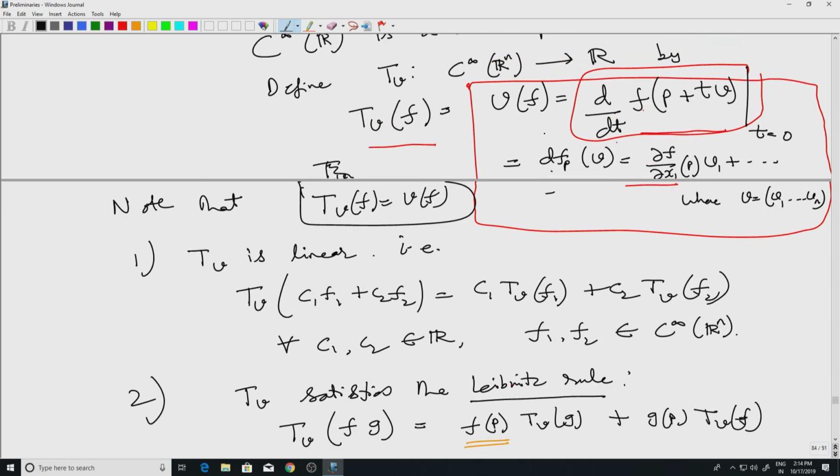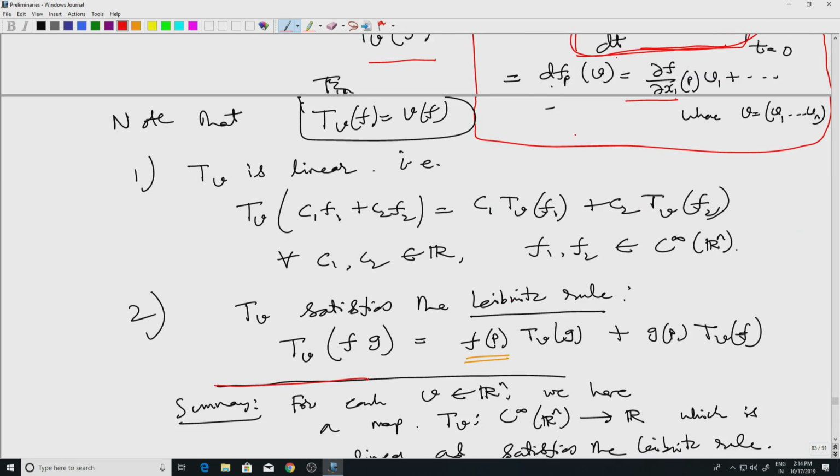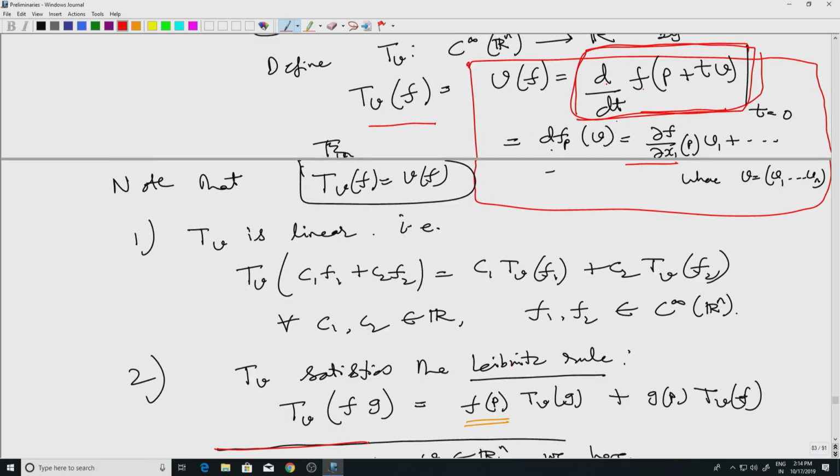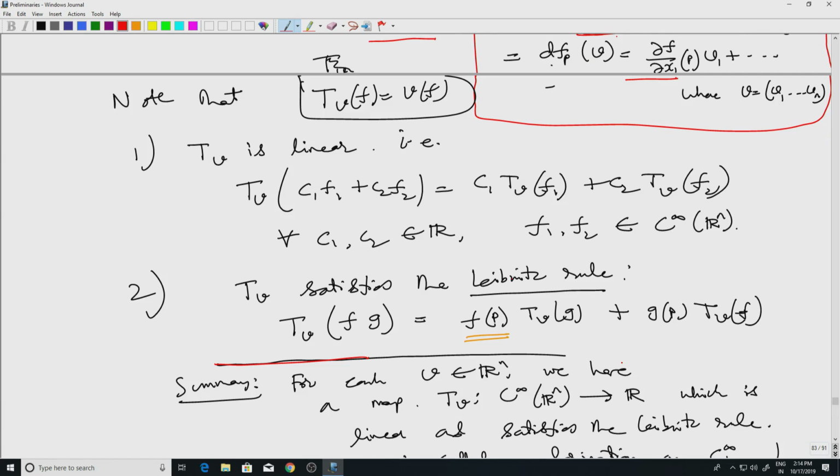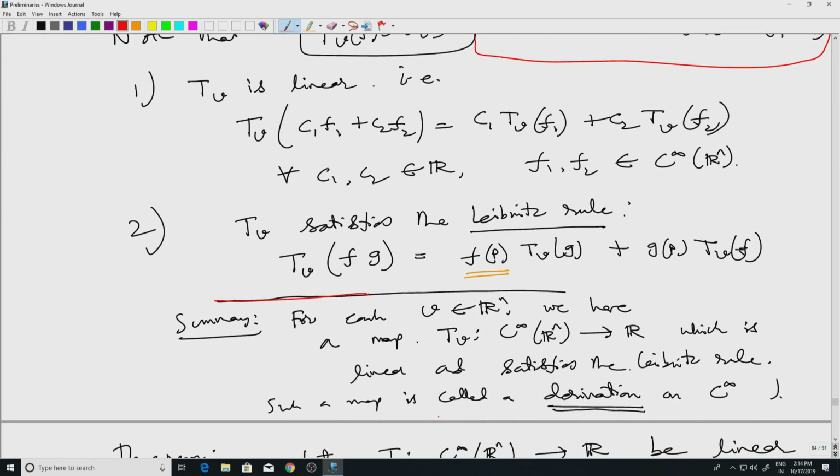And this follows immediately from the definition of the directional derivative. That will also tell us that TV satisfies the Leibniz rule, the product rule for functions. In other words, the directional derivative of a product is given in the expected way, like what I have here.